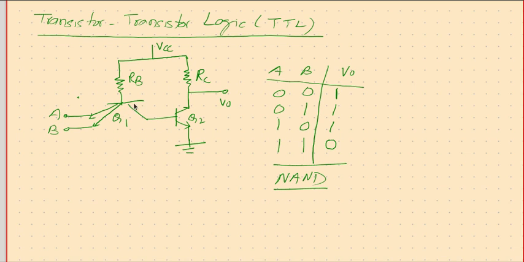So this is a NAND circuit using a TTL, and if you want AND, yes, use a NOT gate here.